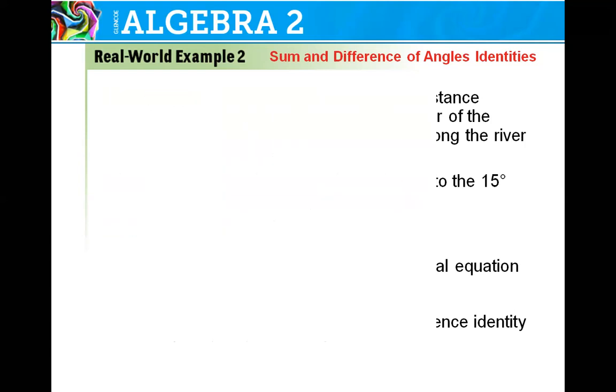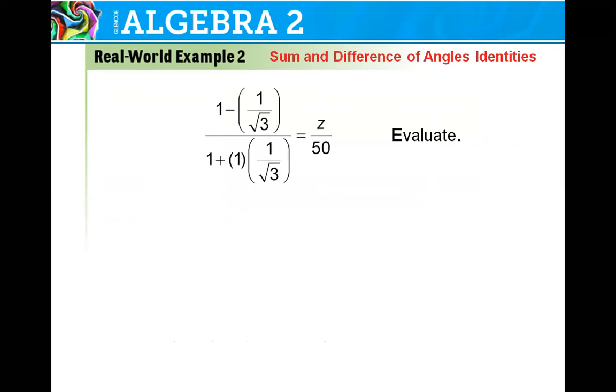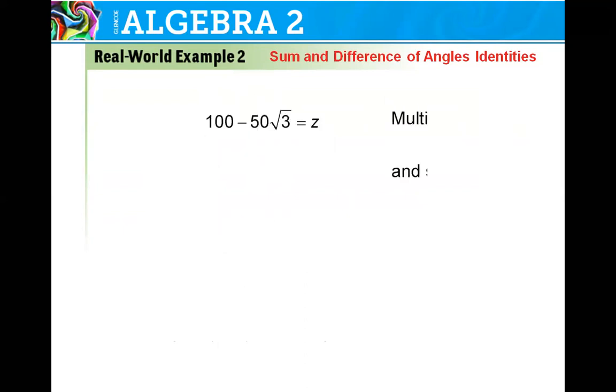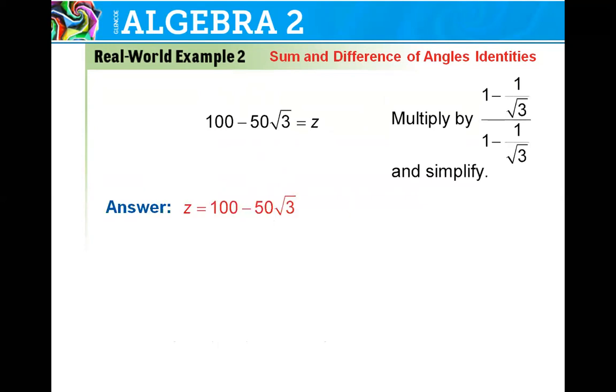And tan 30 will be 1 over root 3, or root 3 over 3. So 1 minus 1 over root 3, over 1 plus 1 times 1 over root 3, equals Z over 50. By using cross multiplication, you can get Z equal to this value. By simplifying, you get the value of Z. Or you can get it by using your calculator directly. There is no problem. This is our answer.